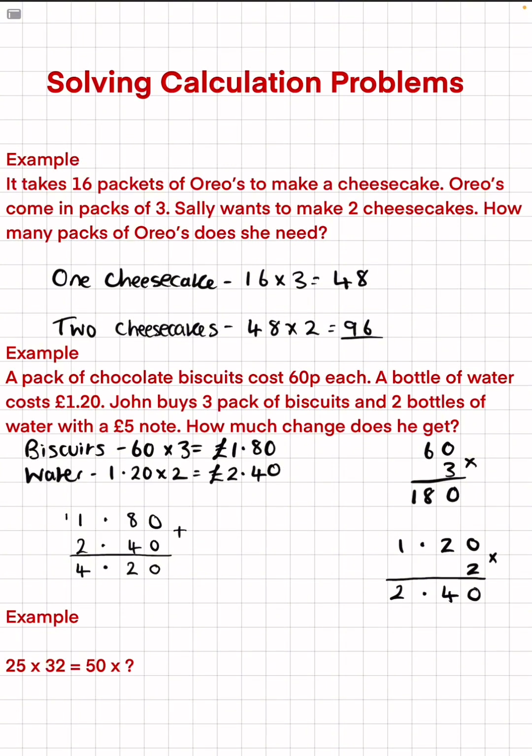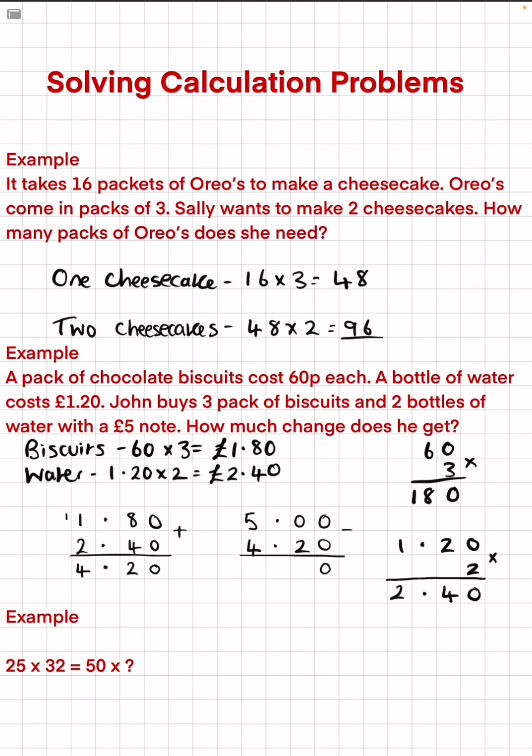The question says John has bought these items with a £5 note. We need to subtract £4.20 from £5 to get our answer. Zero minus 0 is 0. 0 minus 2 you can't do because 0 is a smaller number than 2.